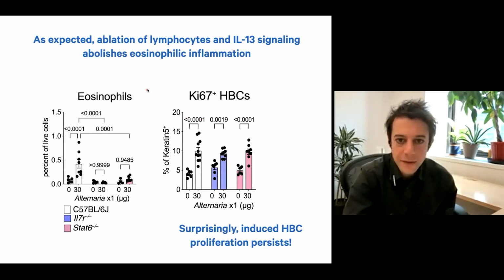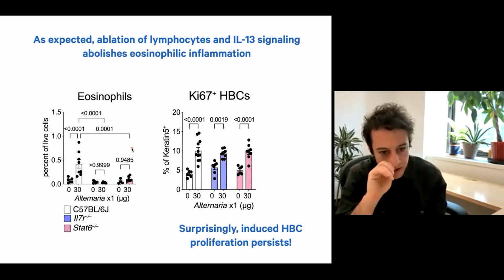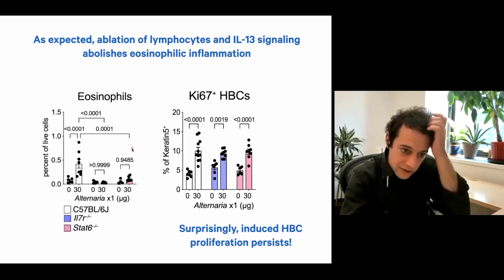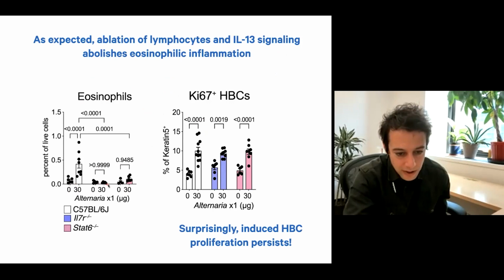So as expected, when we looked at eosinophilia, so the infiltration of these inflammatory immune cells into the nasal mucosa after the treatment of Alternaria, on the x-axis, we can see robust eosinophilia in wild-type mice, which is abolished in the IL-7 receptor and in the STAT6 knockouts.